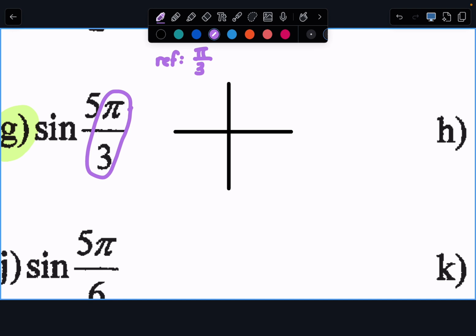But we're going to use the fact that we know that this has to say pi and this has to say 2 pi, right? Okay, so if I'm thinking in pi over 3, I'm going to move around my circle in increments of pi over 3. So when I get right here, what should it say? 3 pi over 3, yeah. And what should 2 pi say? 6 pi. Mm-hmm. So where is 5 pi?